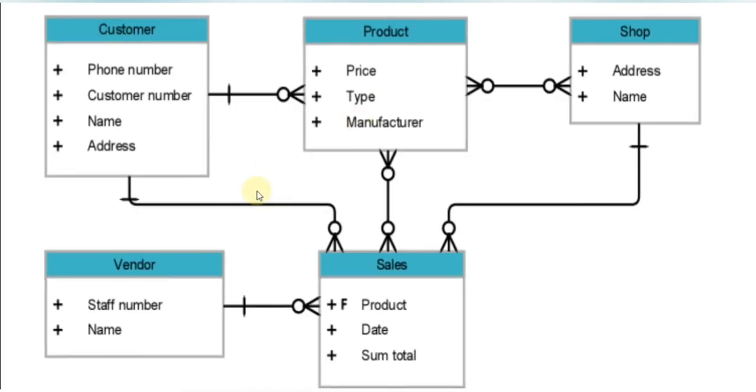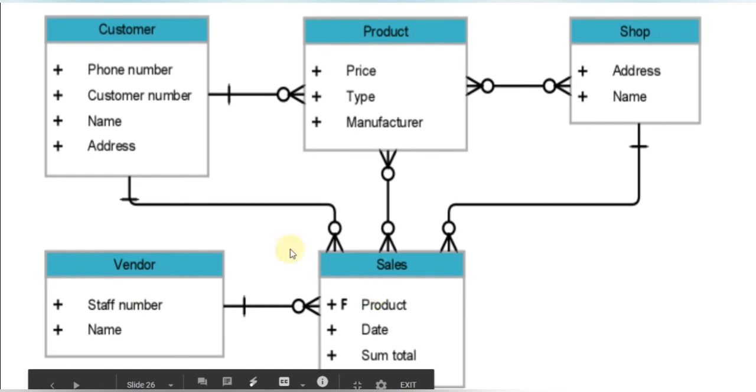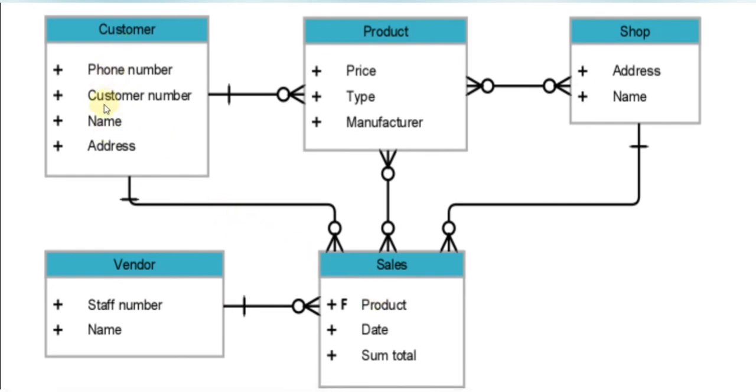If we consider this example, we have a customer entity, product entity, shop, vendor, and sales. Customer has attributes, and attributes can be represented with this diagram also. Phone number, customer name, and address are the attributes of a customer.